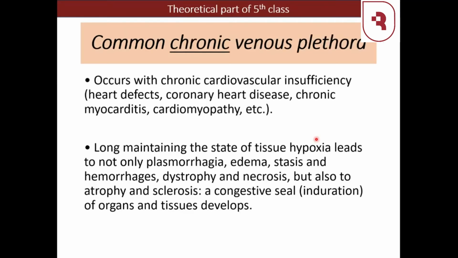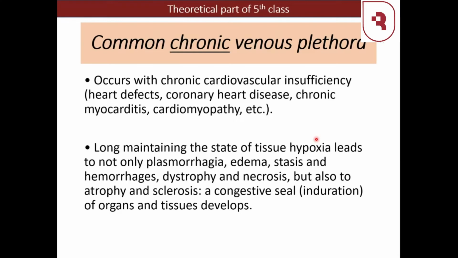Common chronic venous hyperemia or plethora is associated with patients with chronic cardiovascular insufficiency, which may be associated with heart defects, coronary artery disease, chronic myocarditis, cardiomyopathies, and some other types of chronic heart diseases.